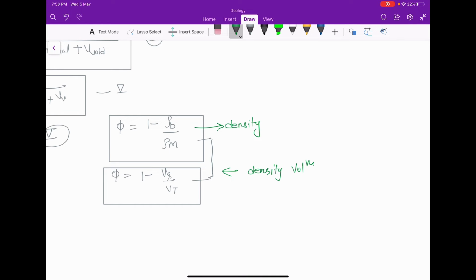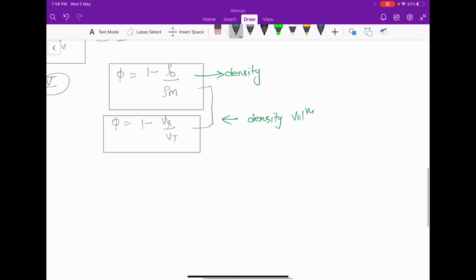One more important concept is the void ratio. So void ratio is defined as the ratio of volume of void in sample.